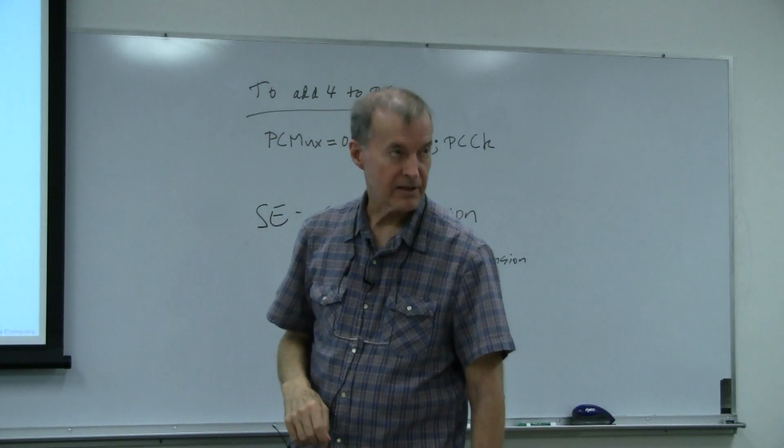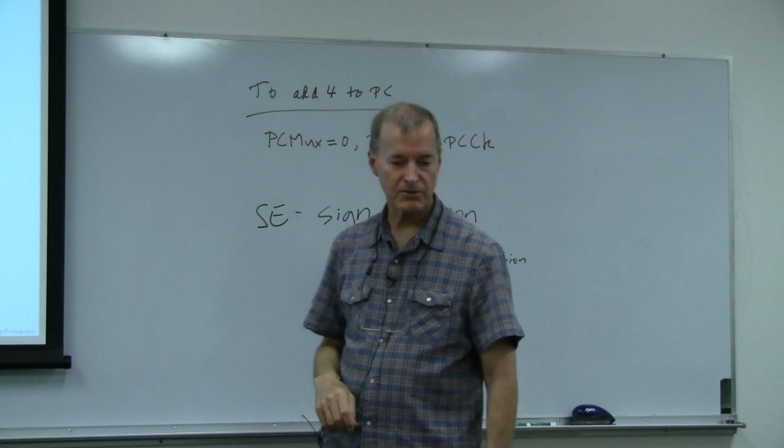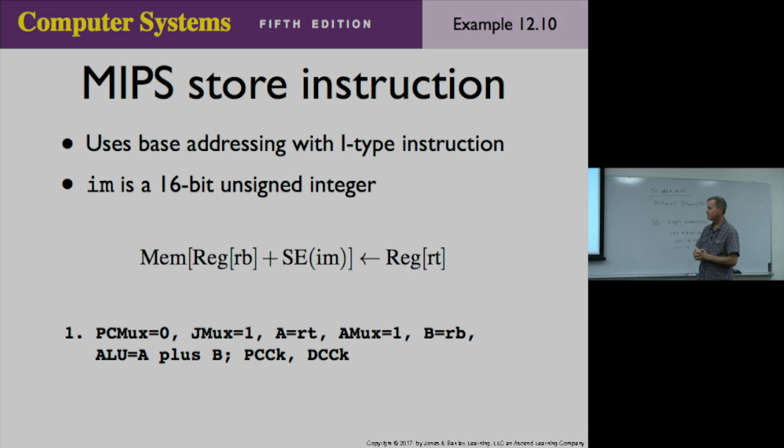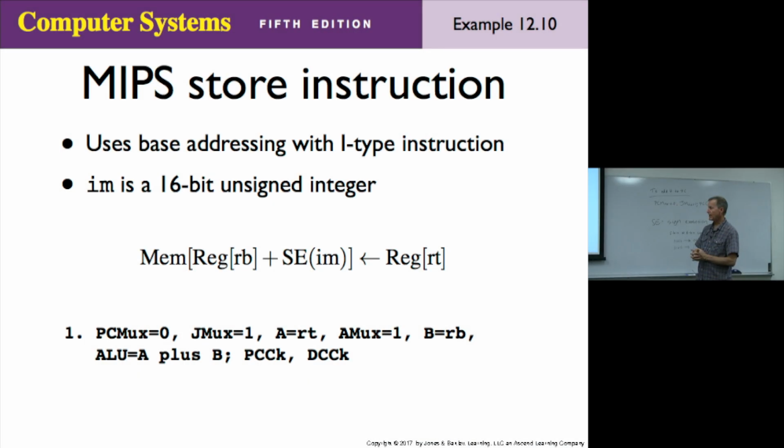And now, let's just do 2 more. Here's the store instruction. And look, just 1 cycle. What does the store instruction do? Memory to register or register, memory to CPU or CPU to memory? Store is what?